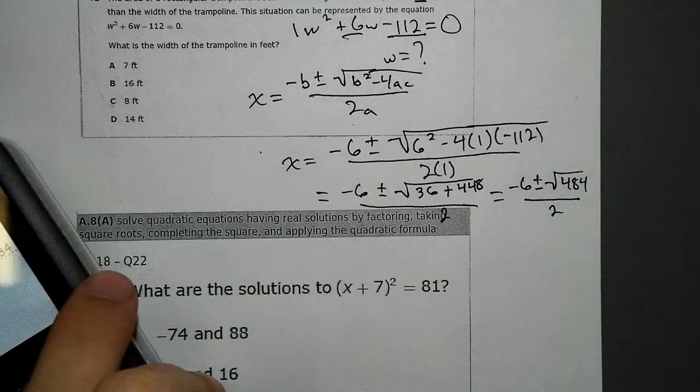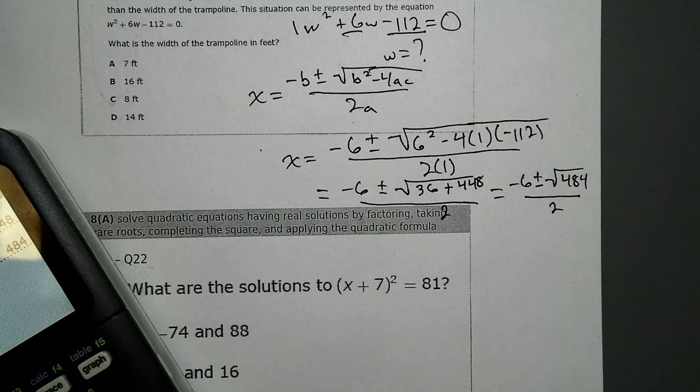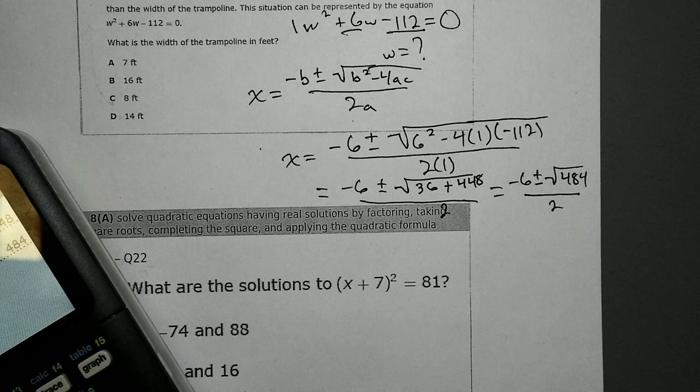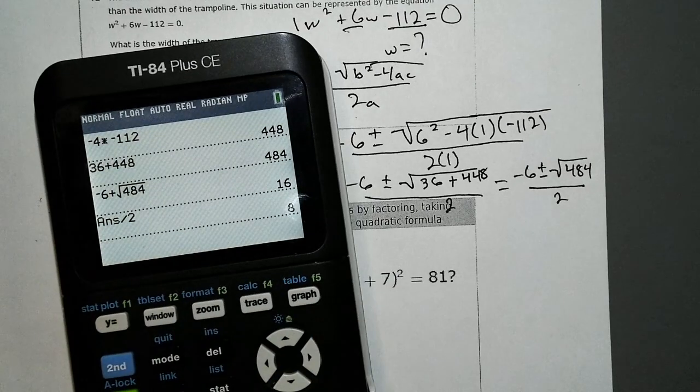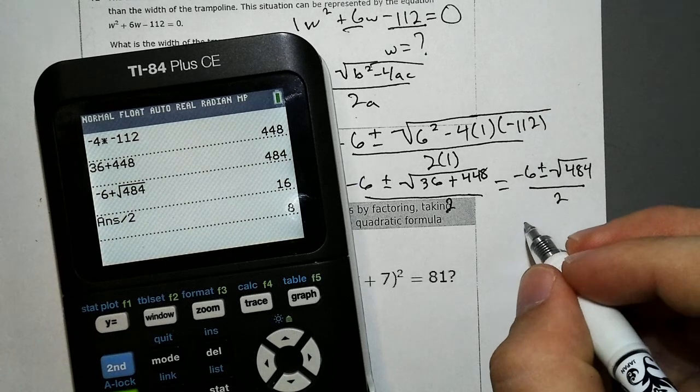Now I'll put it in my calculator. So negative 6 plus the square root of 484, and then I'm going to divide that answer by 2. So one of my values is 8.